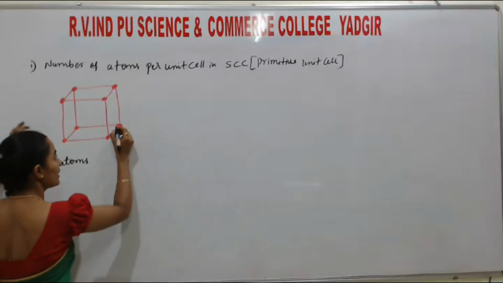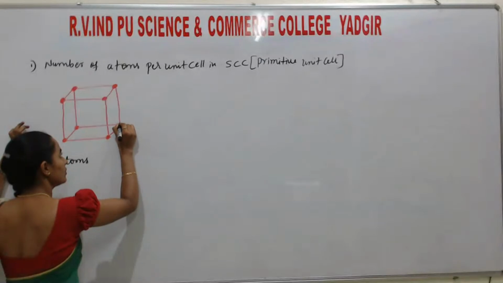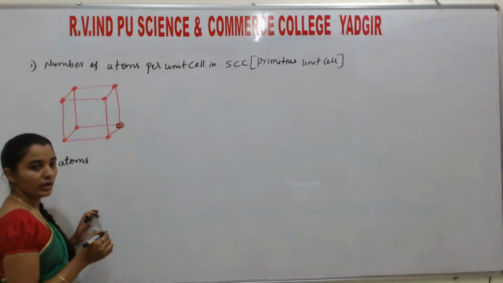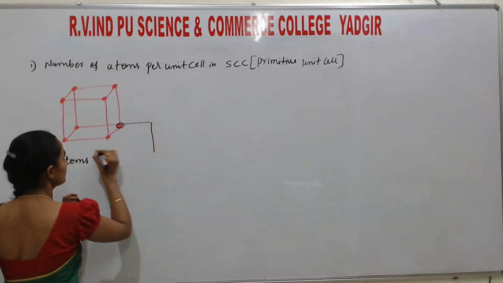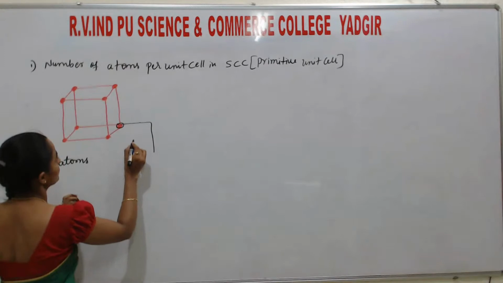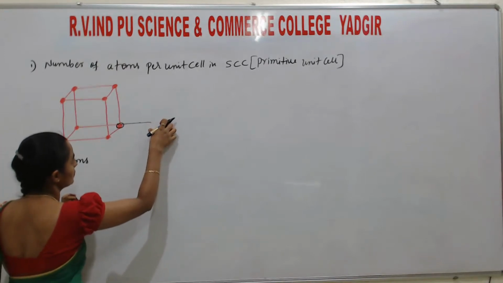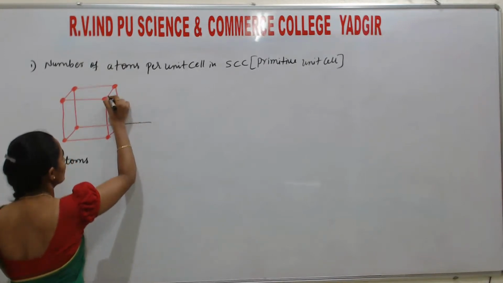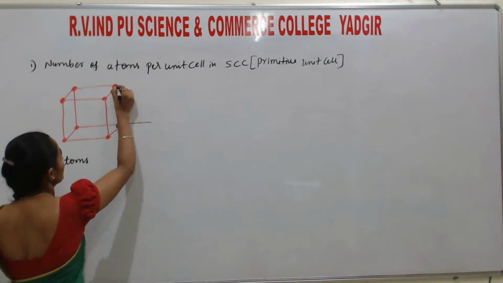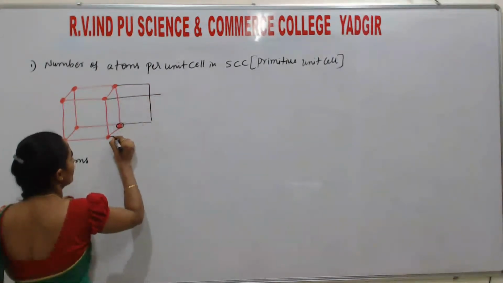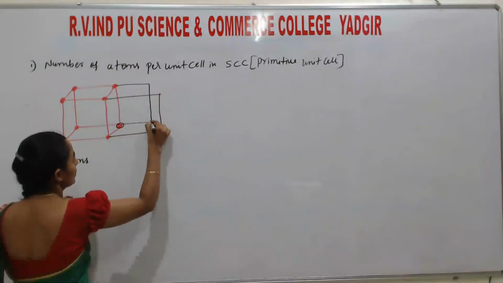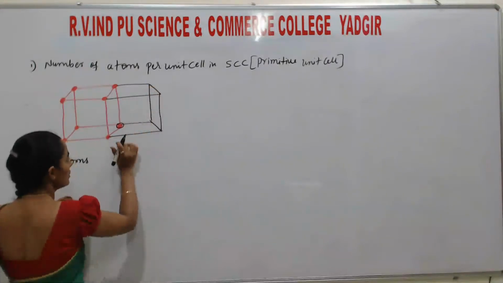Understood? So here consider this one. Okay, then extend the unit cells. This is 1 unit cell.